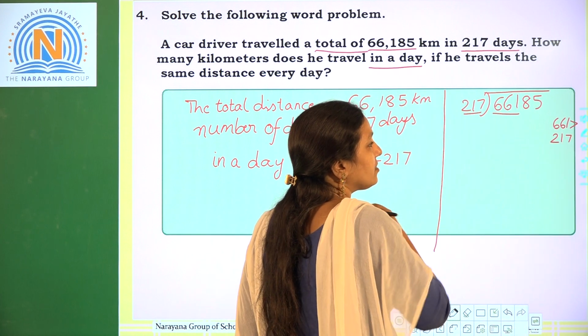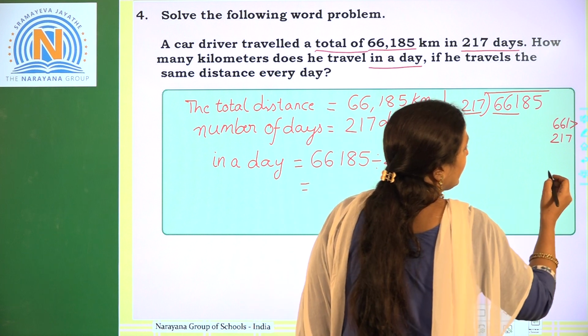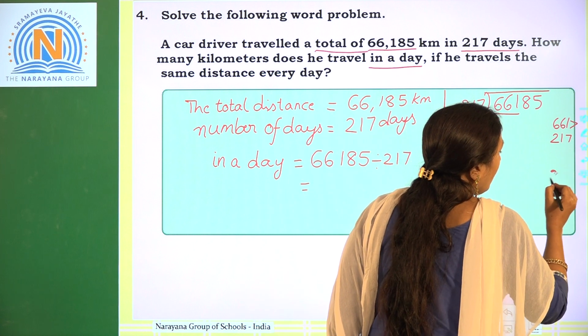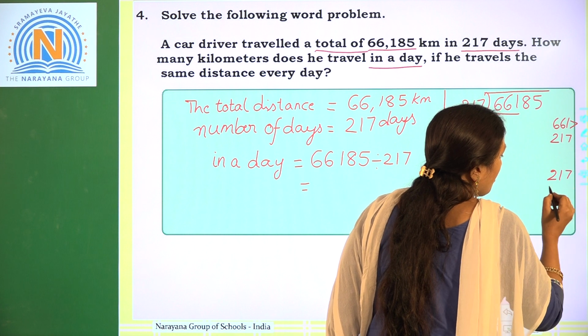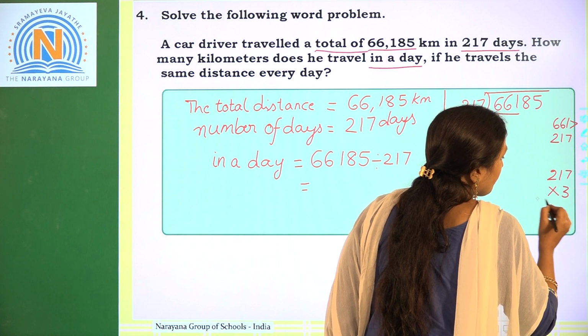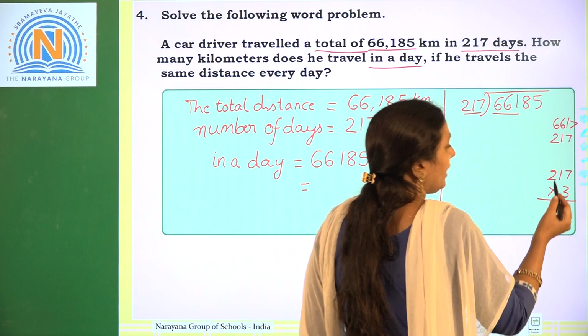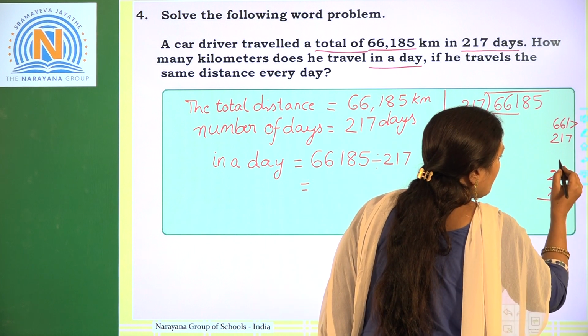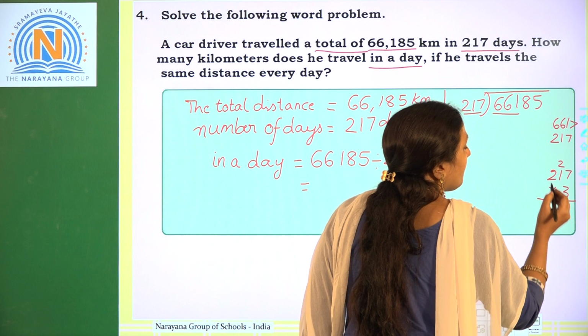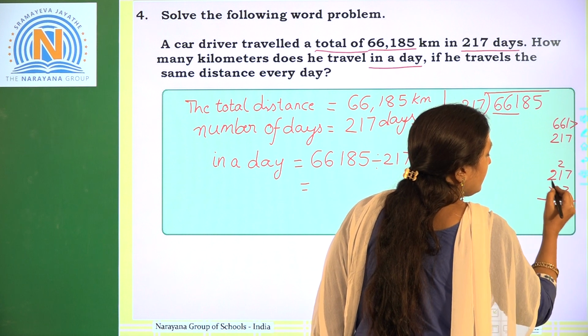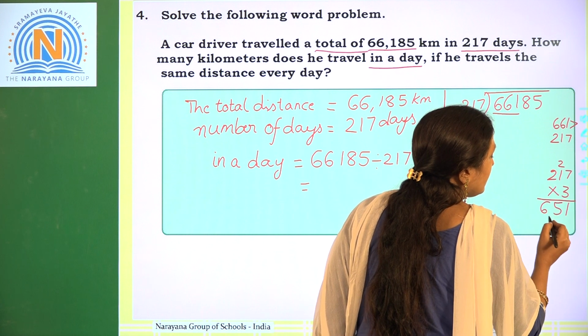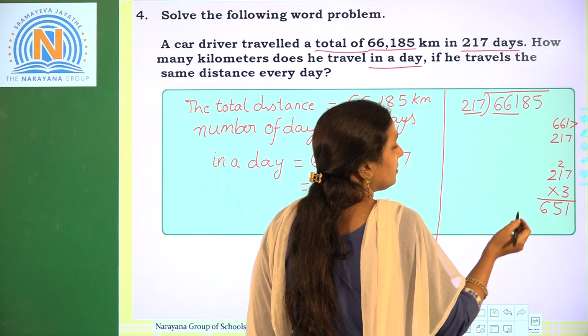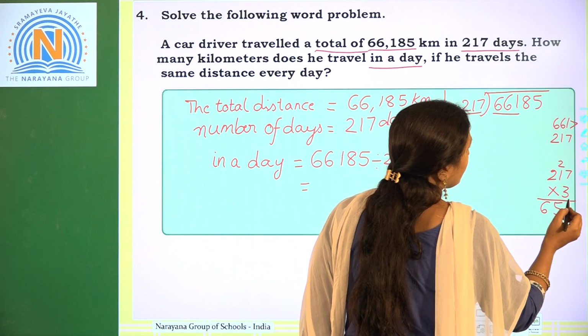Okay children. So first, how many 217s are there in 661? We have to find. Can we take approximately 3 times? If we take 3 times, multiply 3 into 217. 3 sevens are 21, carry 2. 3 ones are 3 plus 2 is 5. 3 twos are 6. 651. So can we take 3 times here?